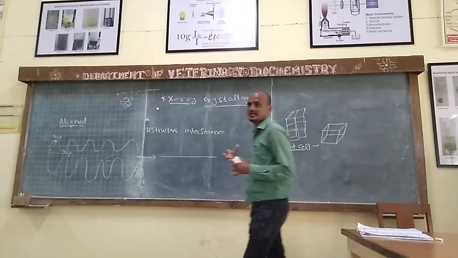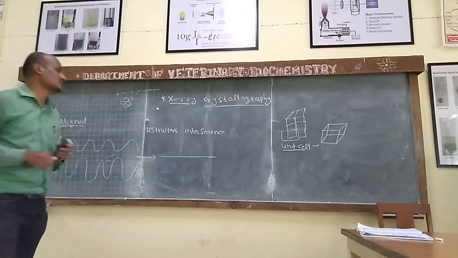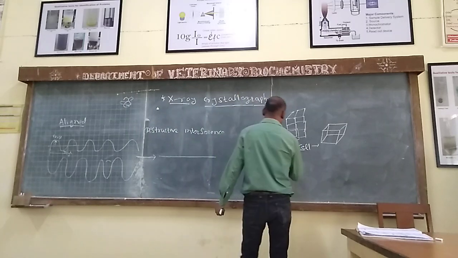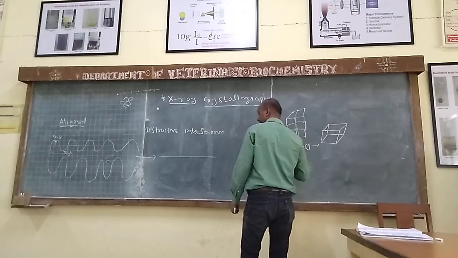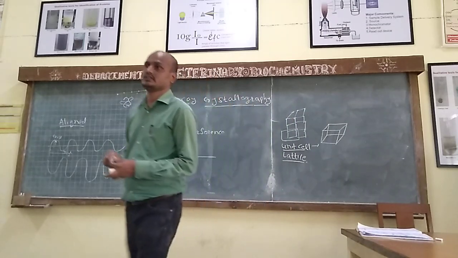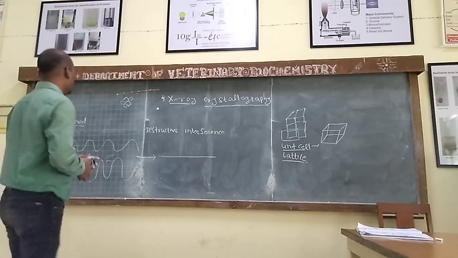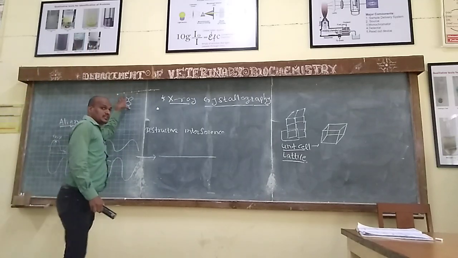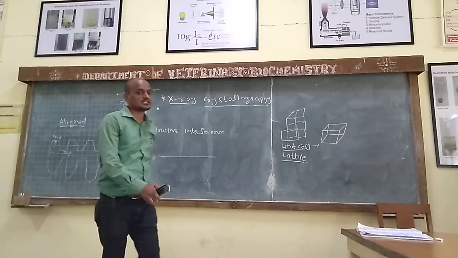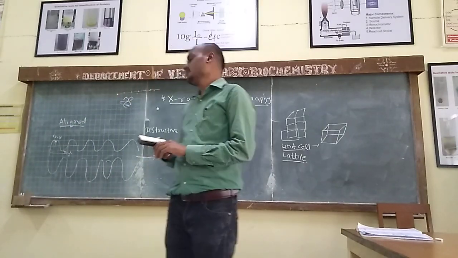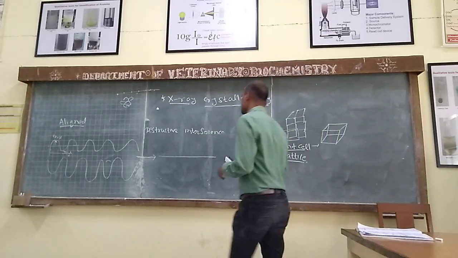So we call it the unit cell of the lattice structure, right? Okay, unit cell of the lattice. And now from this lattice we have this protein structure. Our aim is to determine this structure, and we have this lattice structure. Now we want to determine its three-dimensional structure. So how to determine the three-dimensional structure?